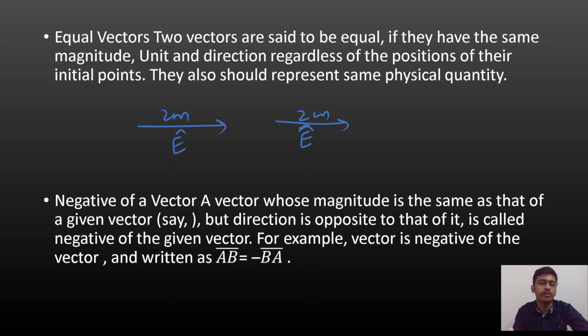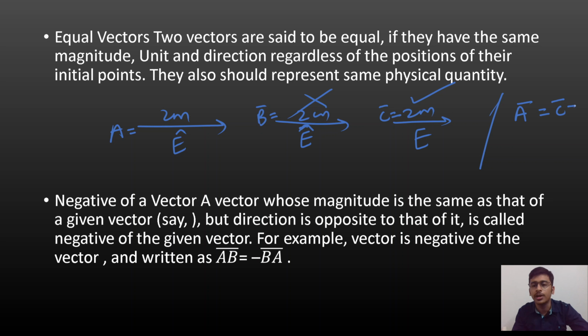They should have the same magnitude, direction and unit, then these two vectors are equal. So if I say this is A vector, this is B vector, and this is C vector, then I can say A is equal to C, but it is not equal to B.